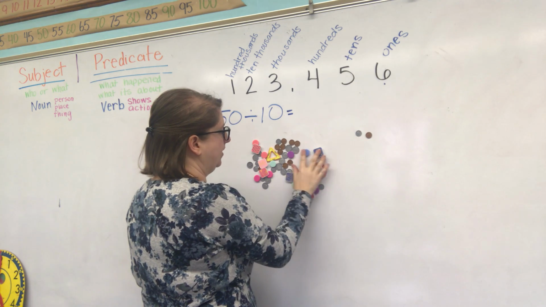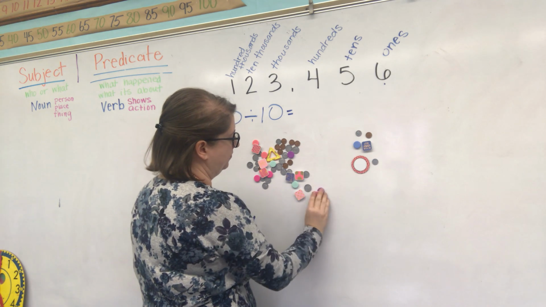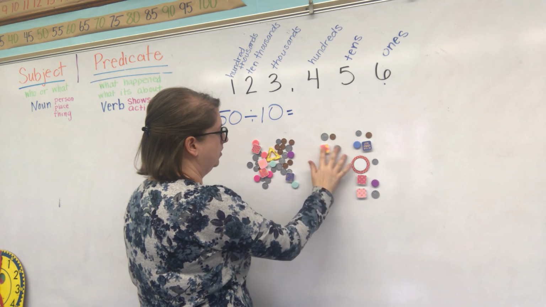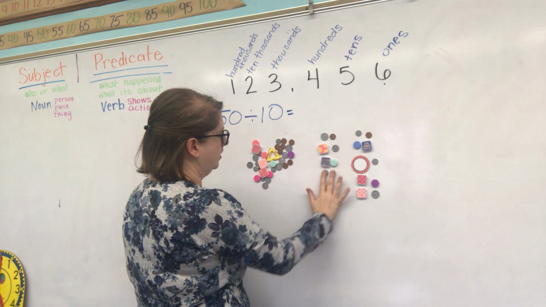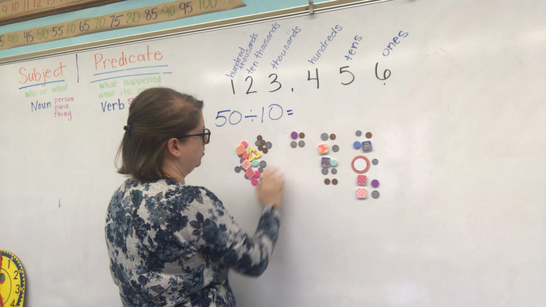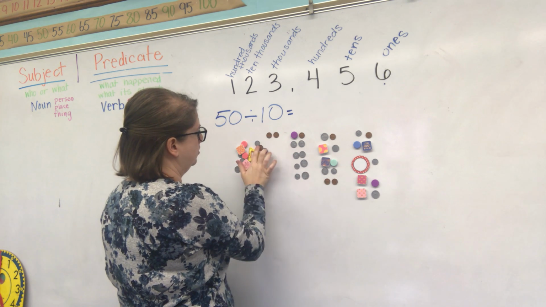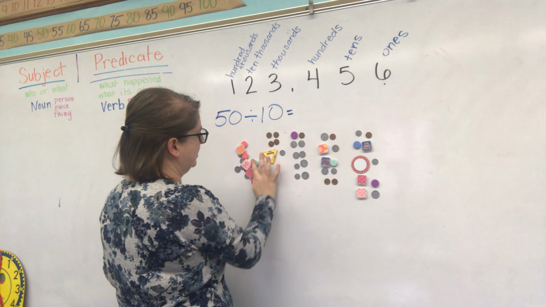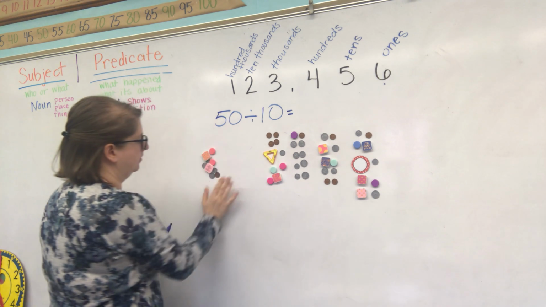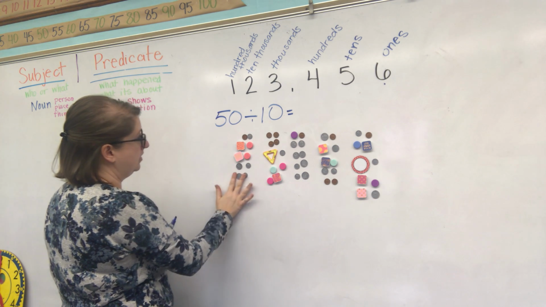2, I like counting by 2s, but it's up to you. 4, 6, that's a big magnet. 8, 10, there's one group of 10. 2, 4, 6, 8, 10. 2, 4, 6, 8, 10. 2, 4, 6, 8, 10. 2, 4, 6, 8, 10.